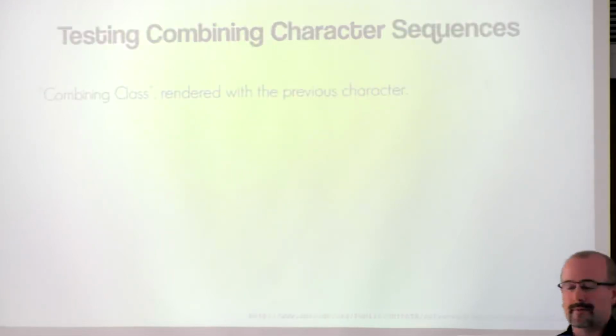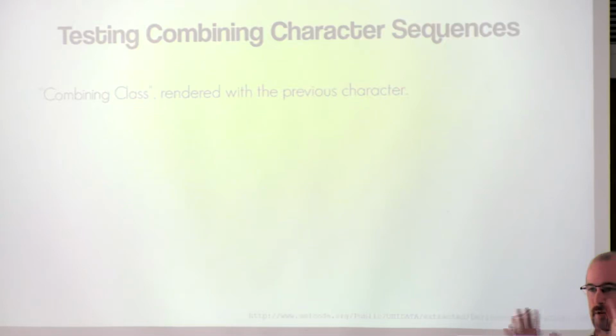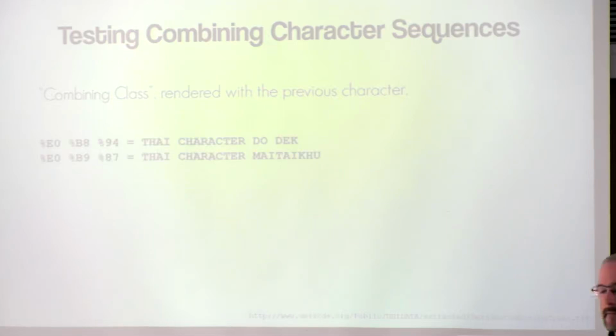So I decided to start messing around with the combined character sequences and stuff. You see this sometimes as people make this Unicode garbage in things like Twitter posts. You can see characters all over the place. Yeah, Zelda text. That mess is usually the result of people messing with combining characters. An example of the combining character class is E0B894, which is the Thai character Dodek.